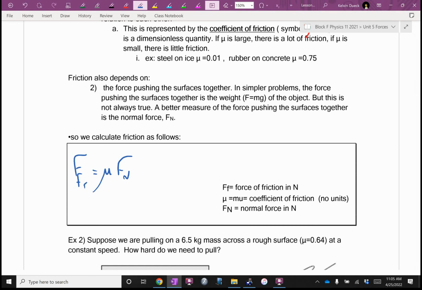Is that on your formula sheet? Should be on the same row as F equals ma, and it should be on the same row as weight. In fact, I think it's the last one on that row. That's why I told you this is the last new force you're going to learn. You don't need to memorize it. You probably want to because you're going to get sick of looking it up and it's not that hard. Friction is mu times the normal force.